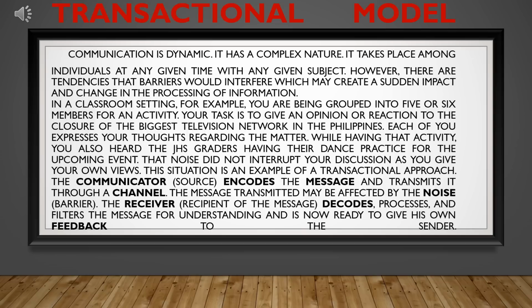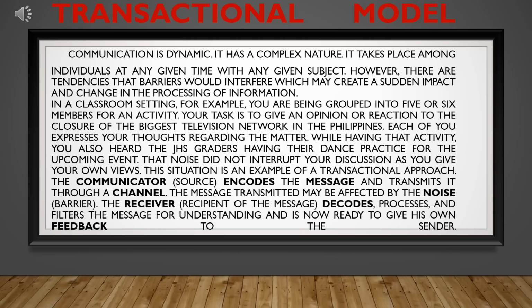The communicator, source, encodes the message and transmits it through a channel. The message transmitted is affected by the noise barrier. The receiver, recipient of the message, decodes, processes, and filters the message for understanding, and is now ready to give its own feedback to the sender. So the transactional model, although you have the inclusion of feedback, that makes it different from a linear model of communication.